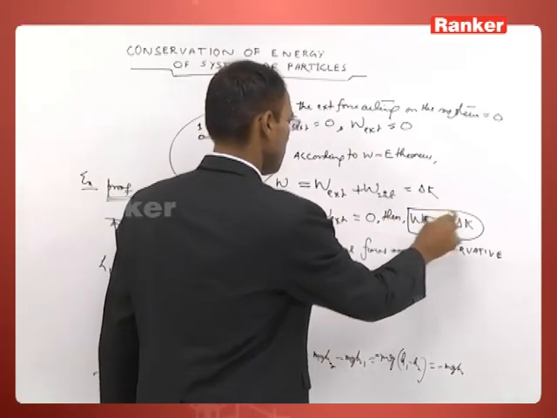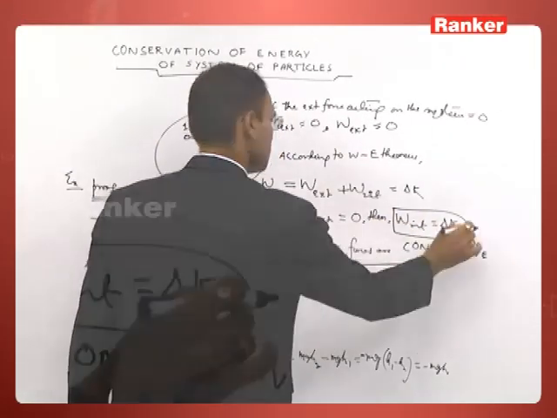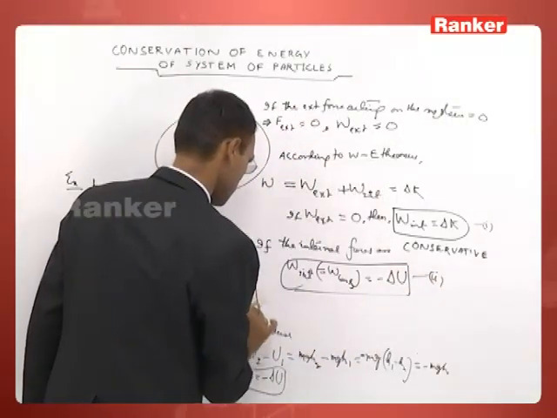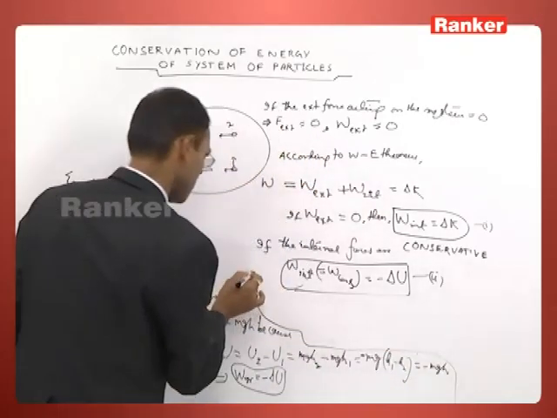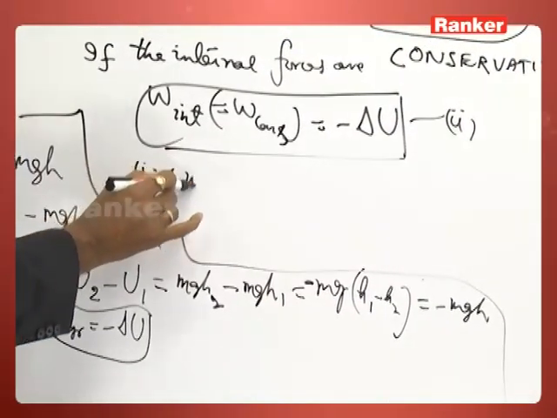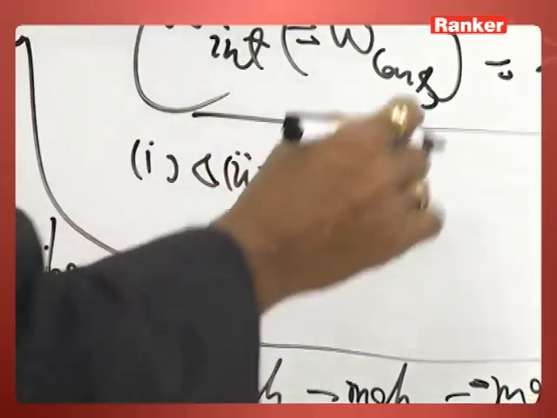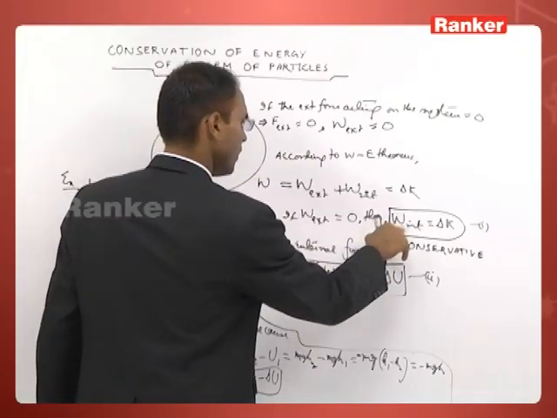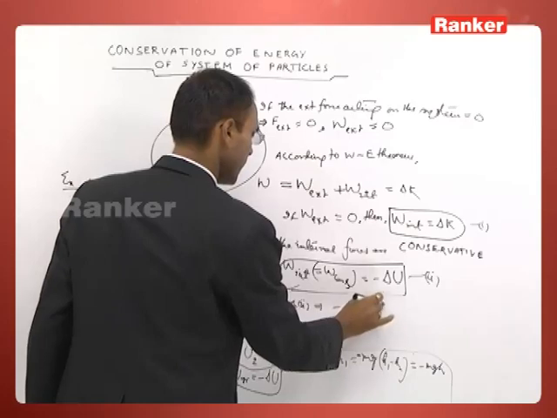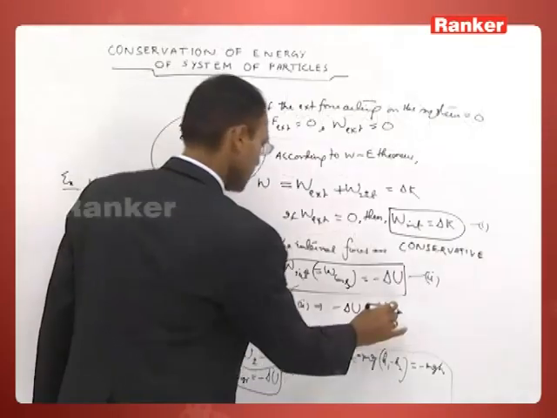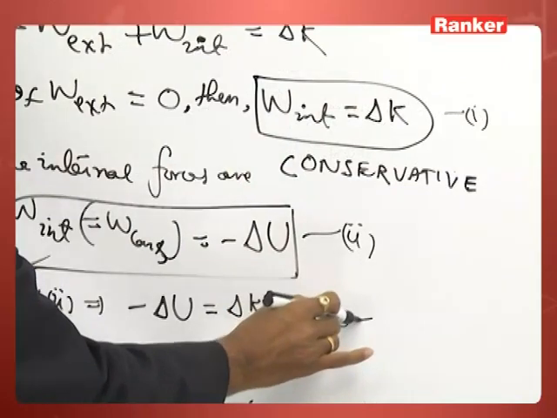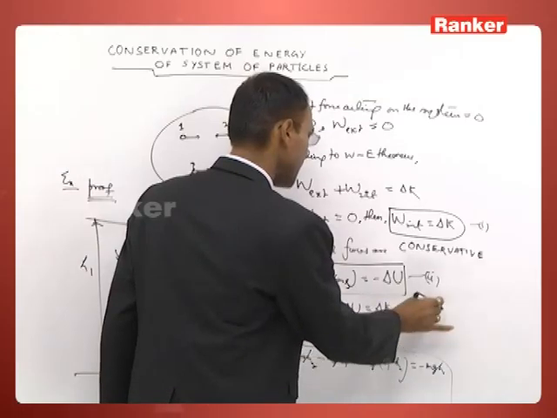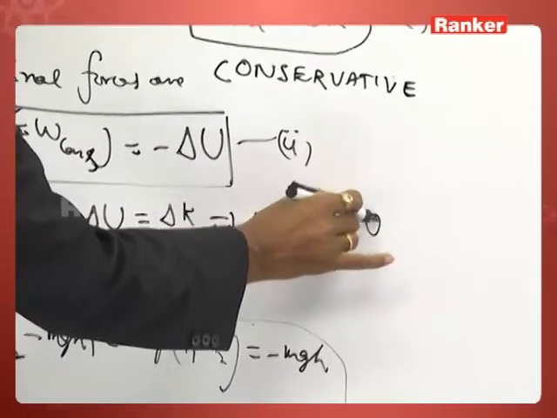then using these two equations, I can write minus delta U instead of work done by the internal force is equal to delta K. This gives us the idea that change in potential energy plus change in kinetic energy will be equal to 0.